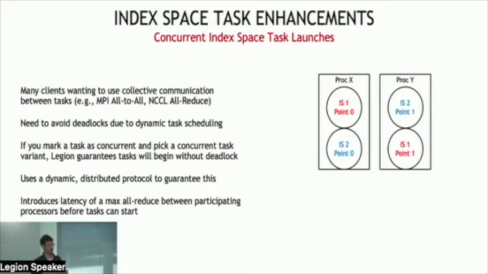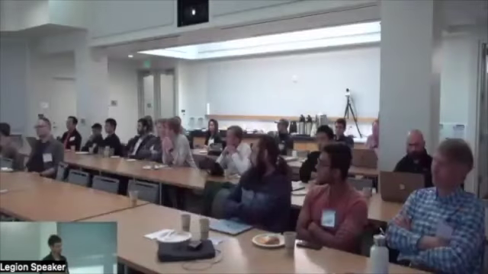So yeah, question. Well, that's what concurrent index-based task launches do. It guarantees that you're not going to get a deadlock like this. Yes, but normally, in a normal Legion program with an index-based task, there is no guarantee of point tasks even being scheduled in any particular way.